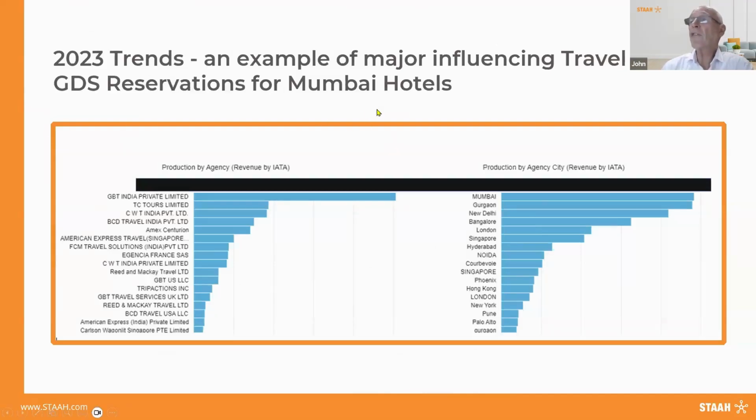Now, let's just talk here, and this is only an example, of GDS reservations in trends from the major consortia TMC travel agents, GDS reservations for Mumbai hotels. So you can see this is where the agents are residing, and these are the major agencies. So we can provide this information to a hotel if they're considering GDS and they want more data.